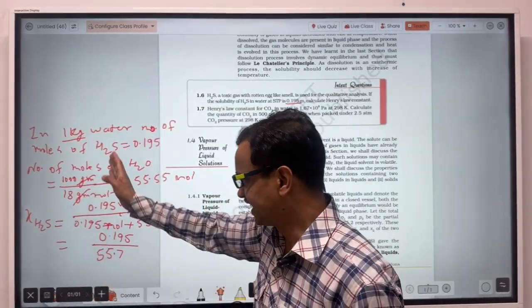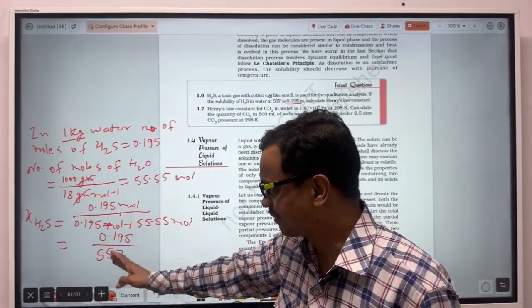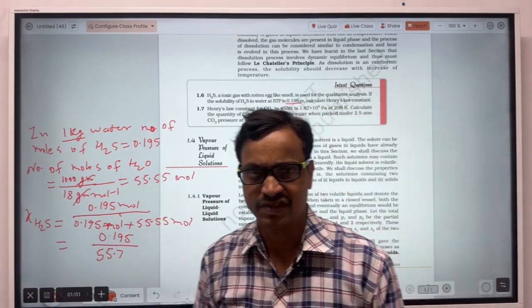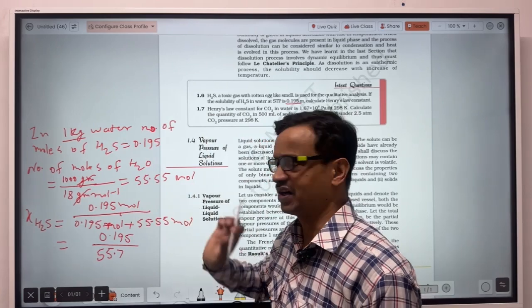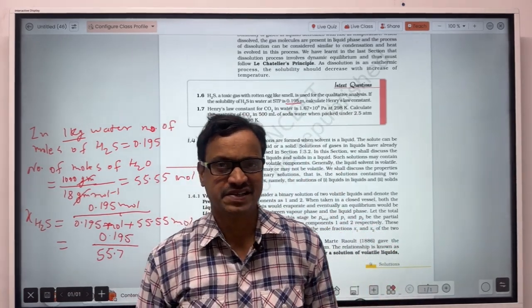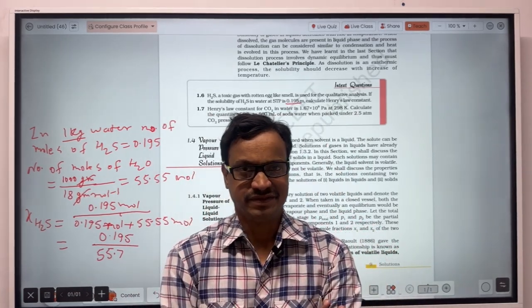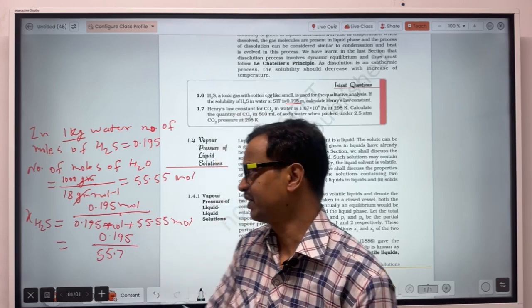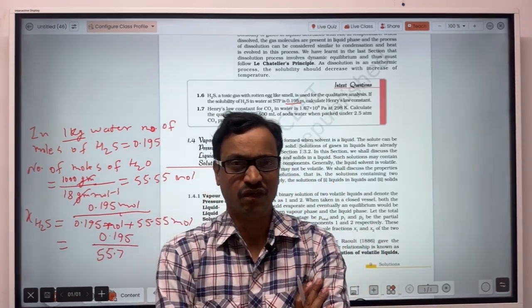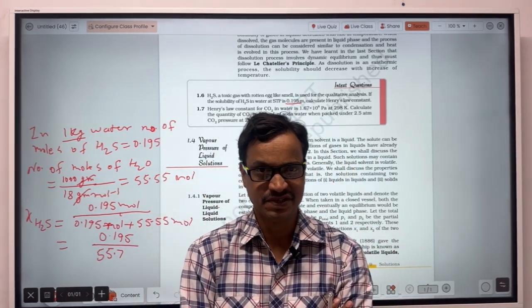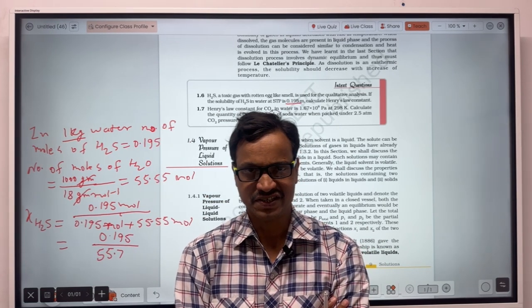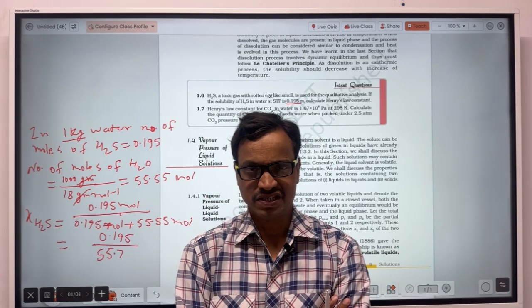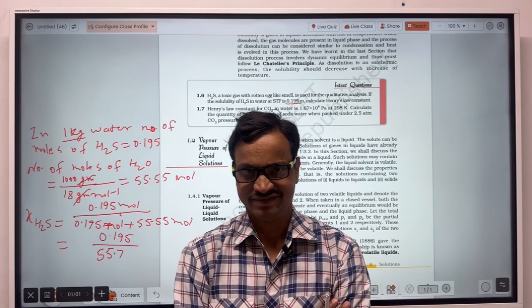Very easy it is to calculate the number of moles of H2S. First of all, you will have to find out the number of moles of water. Because 0.195 mole of H2S has been dissolved in 1 kg water, and 1 kg water means 1000 gram water.